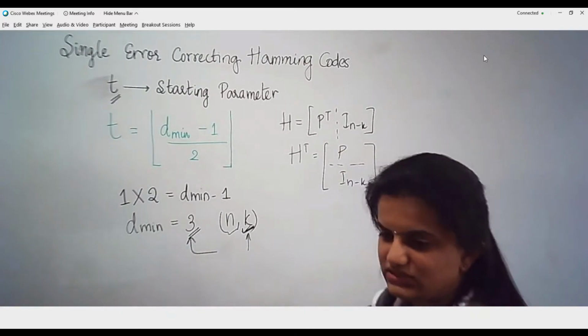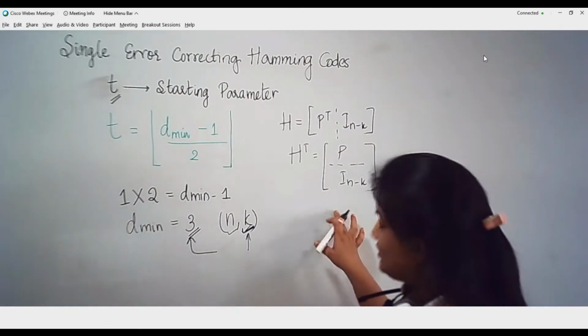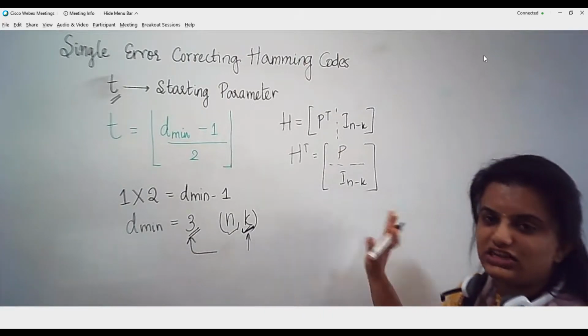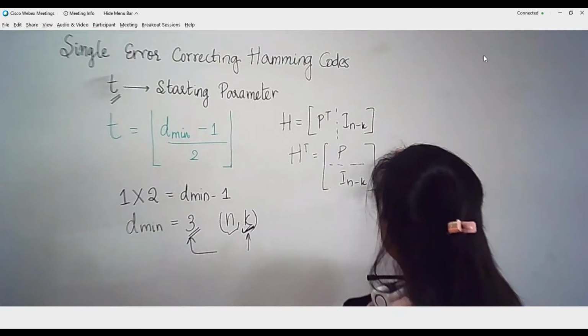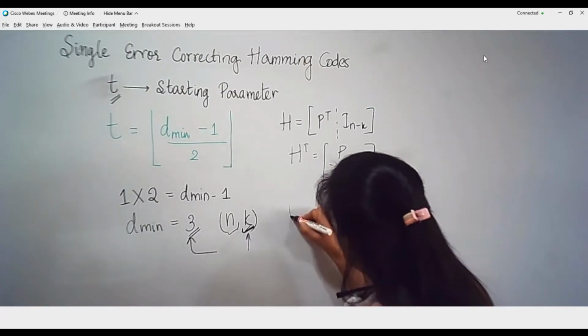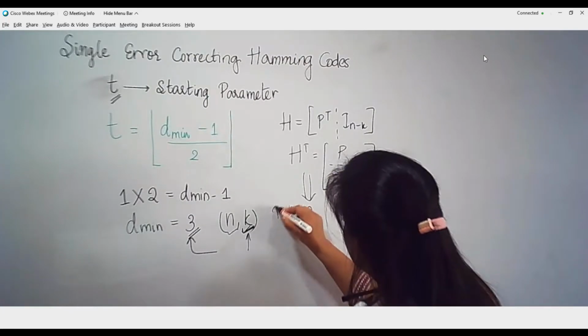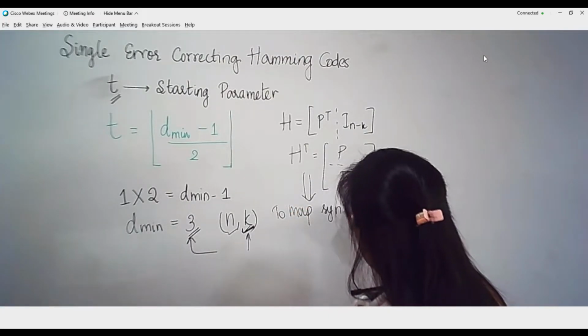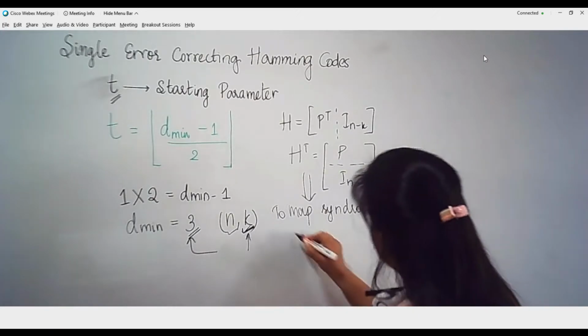So this is the representation of the transposed parity check matrix. How is this going to help in the detection or decoding process? We make use of this matrix to map the syndrome to one of its rows.